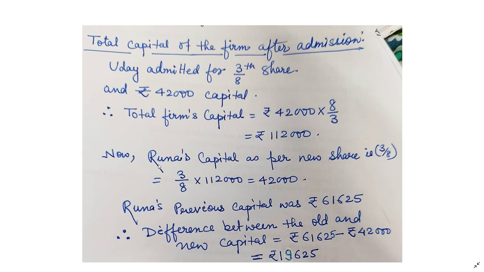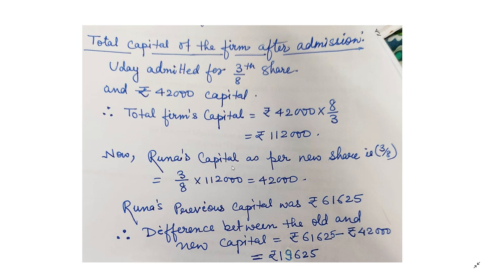Again, the share of Runa's capital based on this new share: 3 is to 2 is to 3 is the new ratio and Runa's share is 3 by 8. So 3 by 8 of the total new firm's capital, 1,12,000, is 42,000.